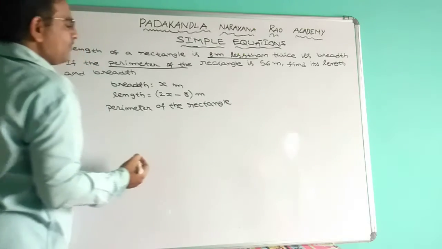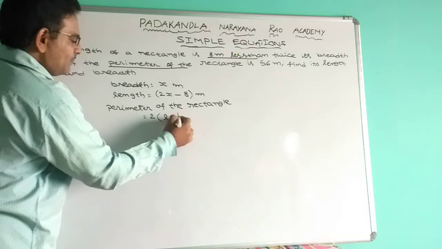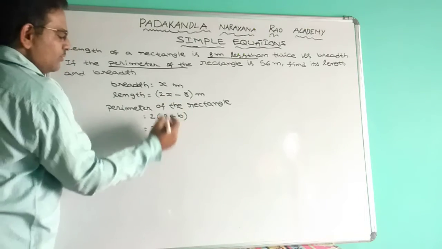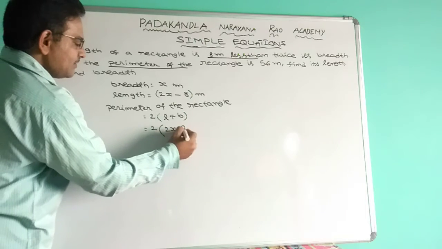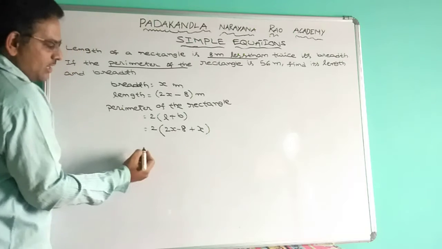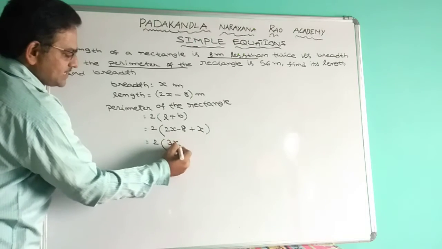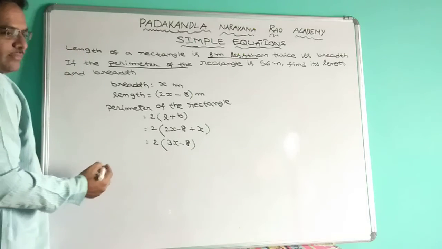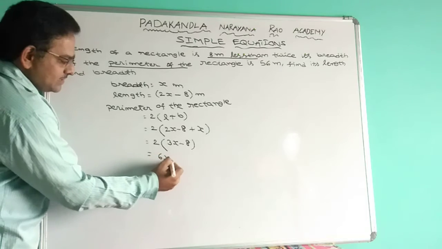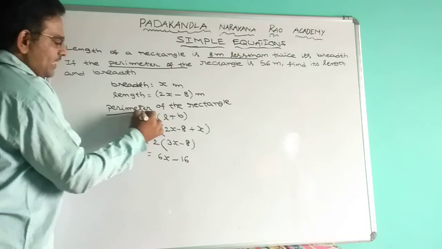What is the formula for the perimeter of the rectangle? 2 into (L plus B), that equals 2 into (length value 2x minus 8 plus breadth value x). Now 2 into (2x plus x), which is 3x minus 8, that equals 2 times 3x is 6x, minus 2 times 8 is 16. This is the perimeter of the rectangle.